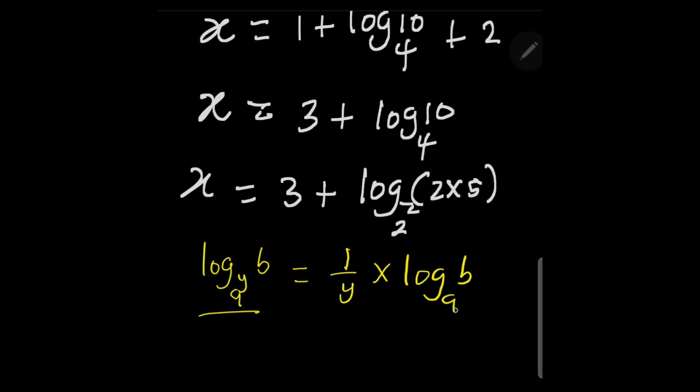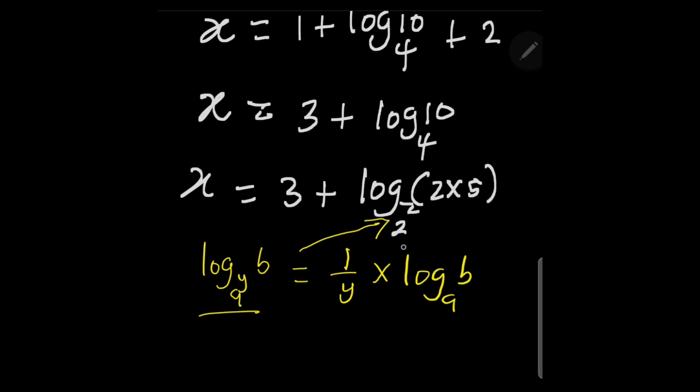The left hand side can be simplified as the right hand side. They are the same. Log of b to the base of a raised to the power of y is equal to 1 over y multiplied by log of b to the base of a. As you can see, this y here becomes 1 all over y, then log of b to the base of a. So this is the property we are going to apply here.